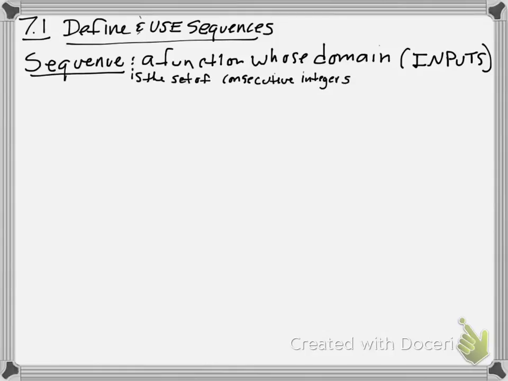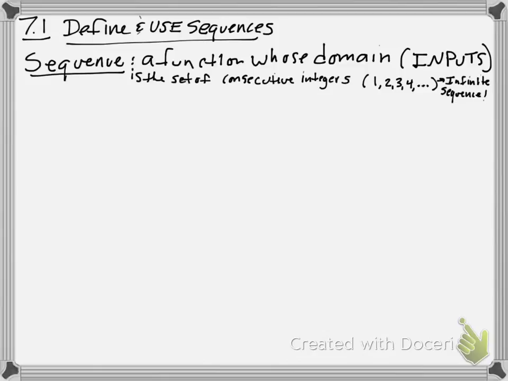Those consecutive integers, of course, start with 1, 2, 3, 4, and so on and so forth. To show that these inputs go on, we use the dots to indicate that we can plug in all of the integers starting with 1 and going on infinitely long. If the domain does have those dots, then this is going to be an infinite sequence because the domain is infinitely long.